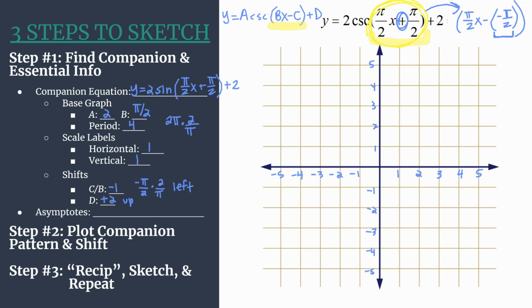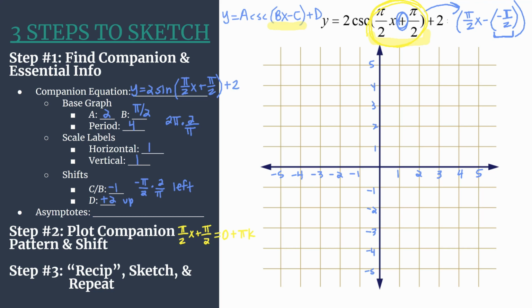Inputs are, and I'm going to do scratch work right here, pi over 2 x plus pi over 2, and we're going to set them equal to the equation for those parent asymptotes. Those asymptotes happen at 0 plus pi k. Pull up that graph if you aren't familiar with it, cosecant x, and you'll see that this is the case. Remember, k is just representing an integer, and we'll talk a little bit more about that in a minute.